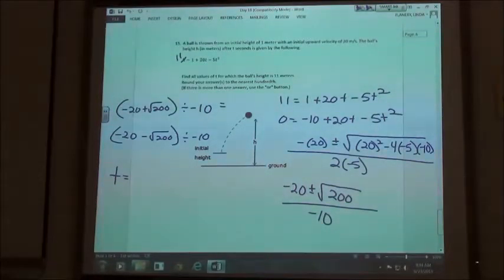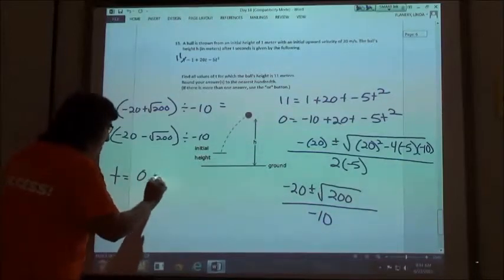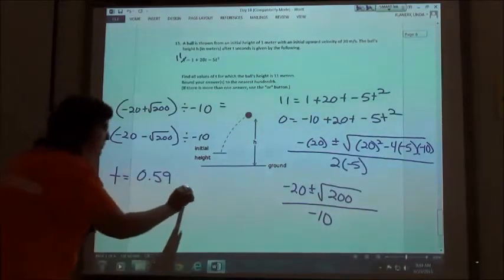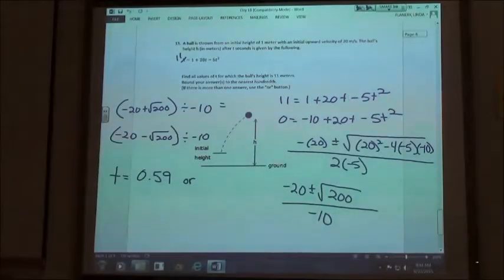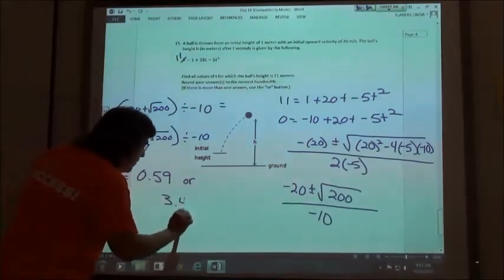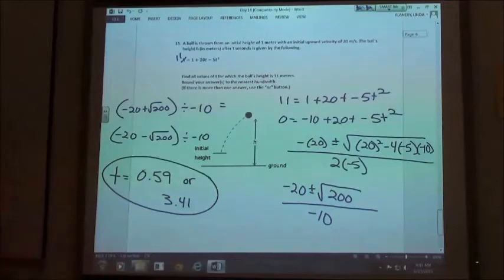So 0.5, I have to round that up to 9 because there's a 5 behind there, right? So 0.59. And then if we do our other one, we get 3.41. 3.41, that's what I got. 3.41. Those would be our two answers then.